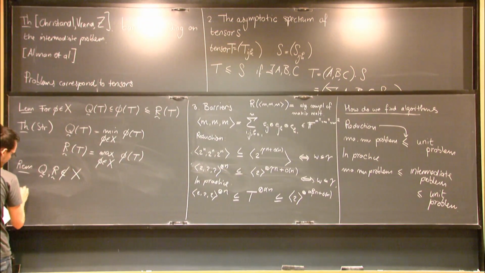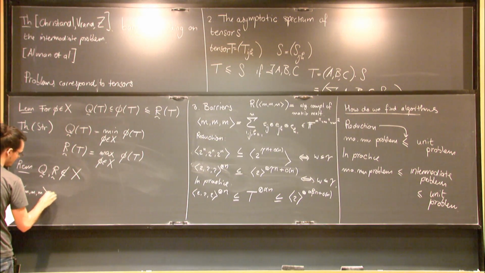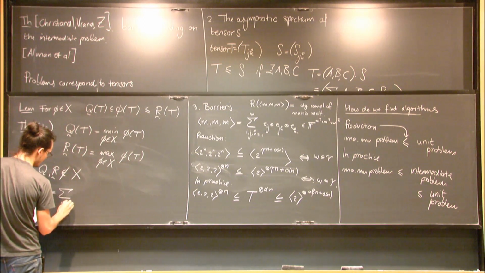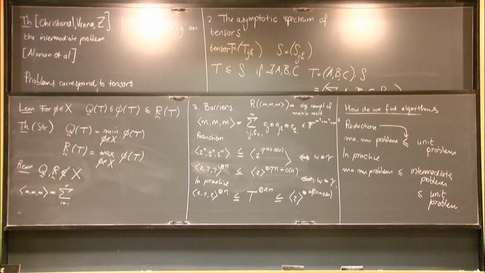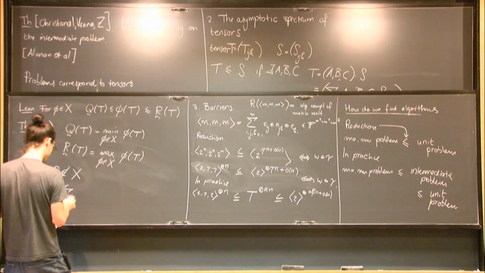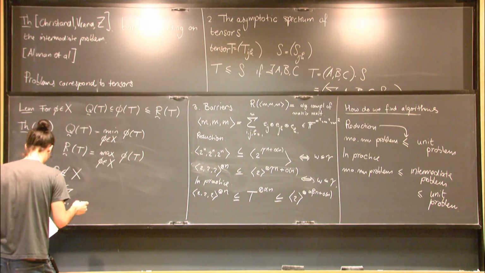One way to think of tensor rank is that it's the smallest number R such that you can write your tensor as a sum of simple tensors.